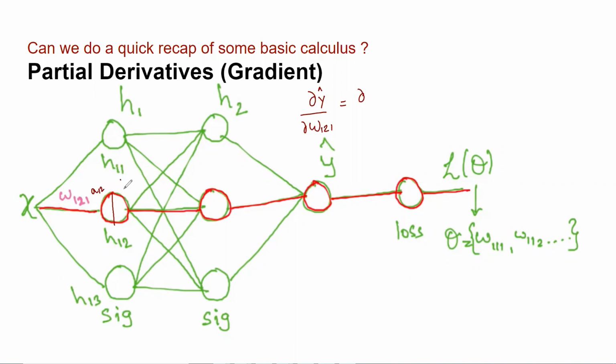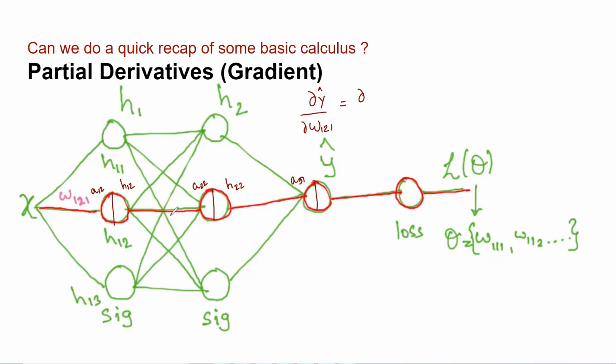This part will be H1 2. This part will be A2 2. This part will be H2 2. This part will be A3 1, and this is the output only. With this nomenclature, you are clear, right?